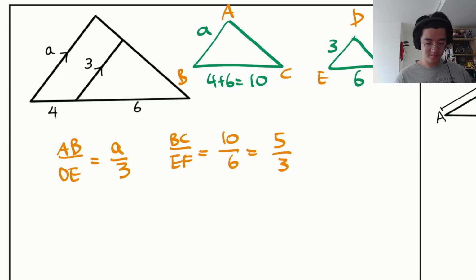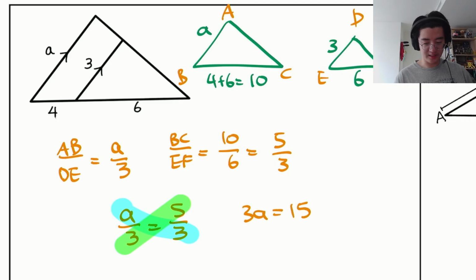Okay? From there, A over 3 equals 5 over 3. Okay, 3 times A, 3 times 15. Divide those guys. A is 5.